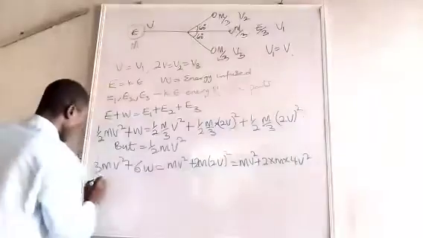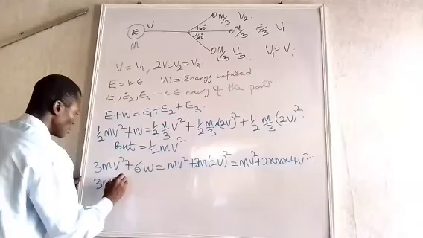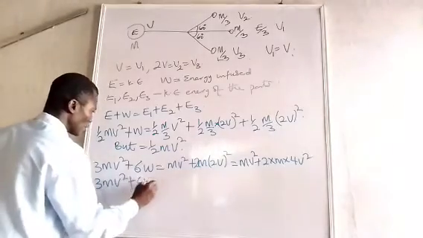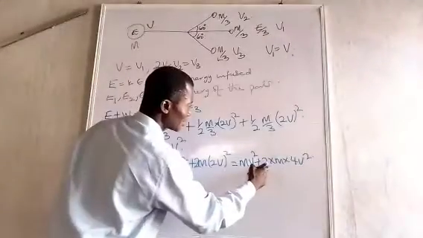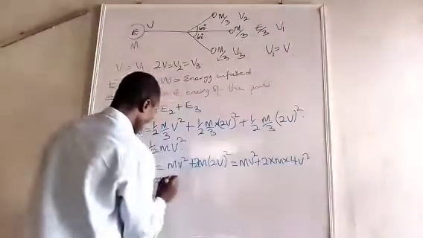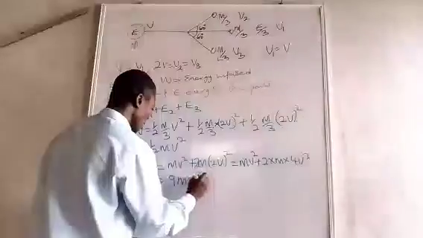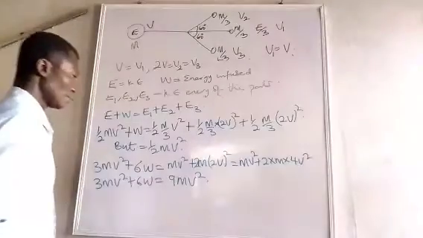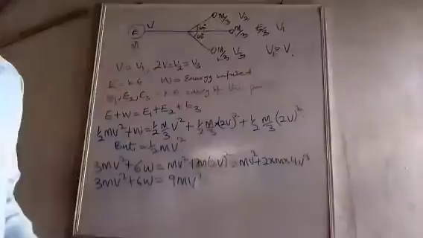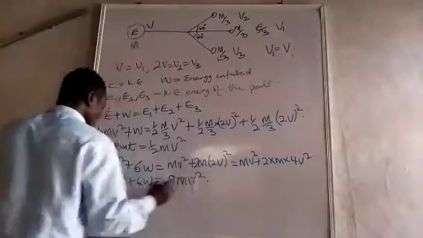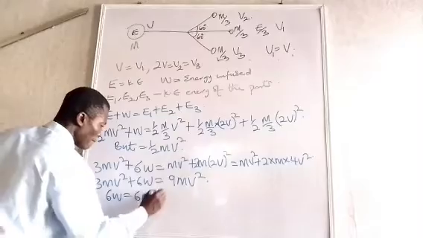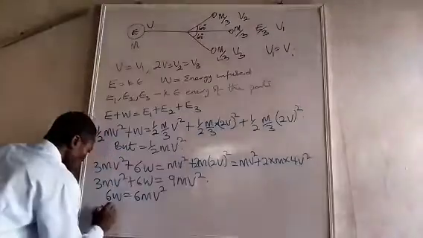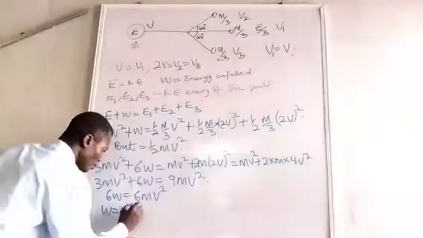Adding these together, 3mv squared plus 6W is equal to 9mv squared. Let me subtract 3mv squared from both sides. So 6W is equal to 6mv squared, so W is equal to mv squared.